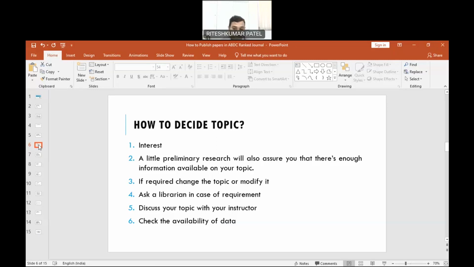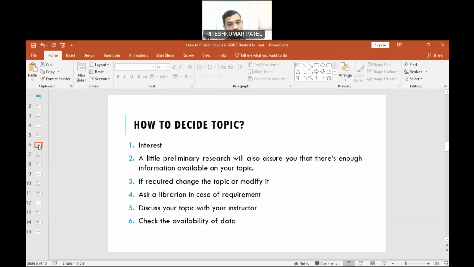Now there may be two reasons for the information's non-availability. First, the topic is not yet well explored, and that's why it lacks sufficient literature. Or there can be a possibility that the topic is not capable enough to be explored. So that's why it doesn't have sufficient information available.